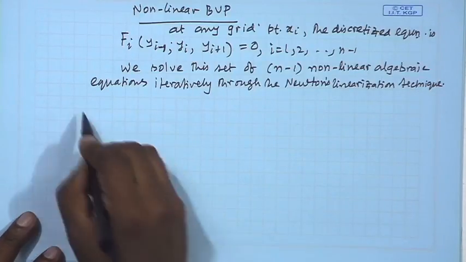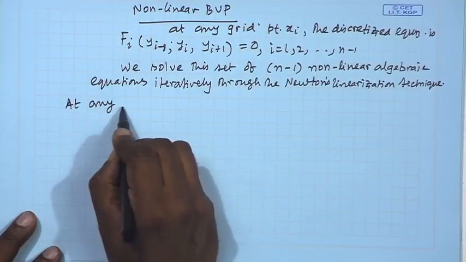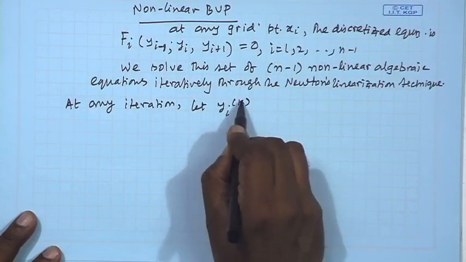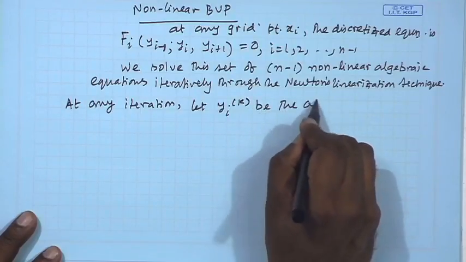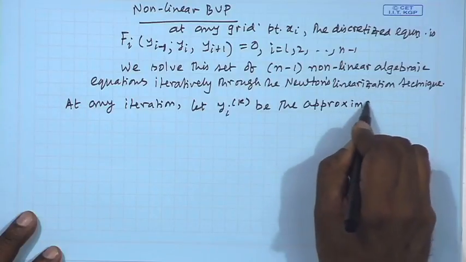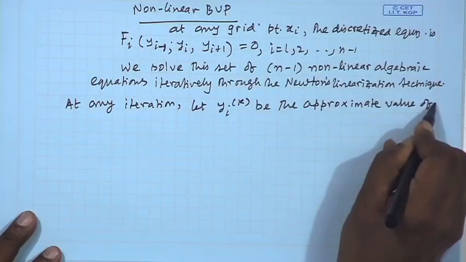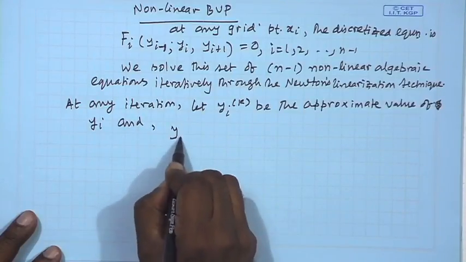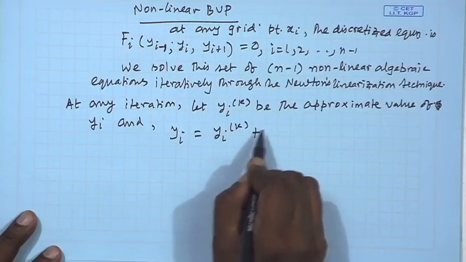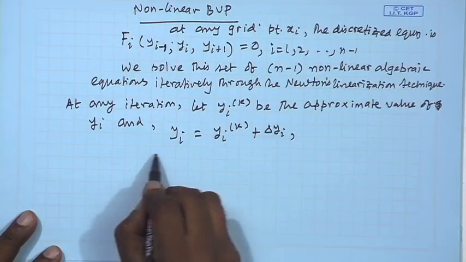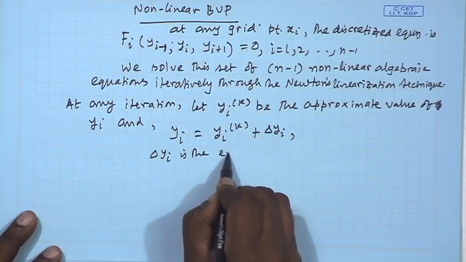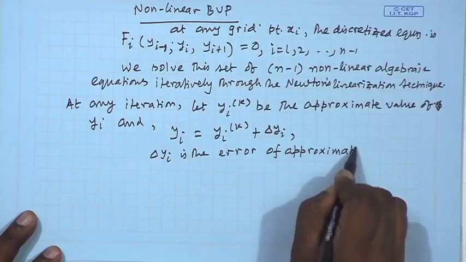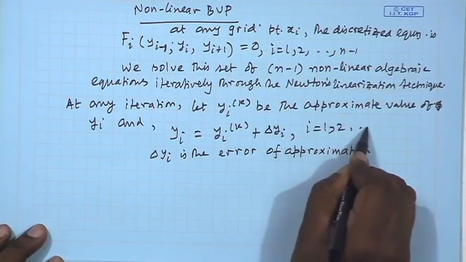For that, at any iteration, let yik be the approximate value of yi, and we can write yi equal to yik plus some error delta yi, where delta yi is the error of approximation at the kth iteration, for i equal to 1, 2, up to n minus 1.